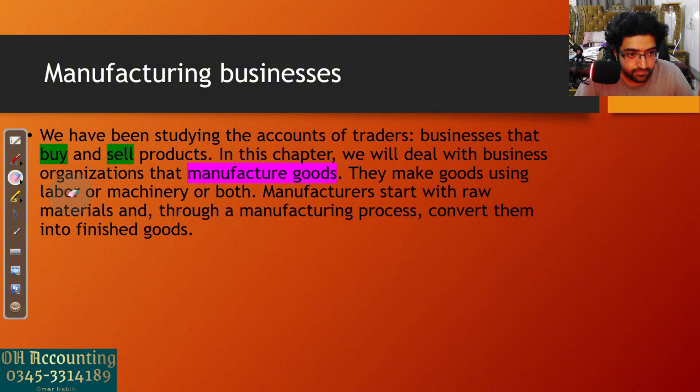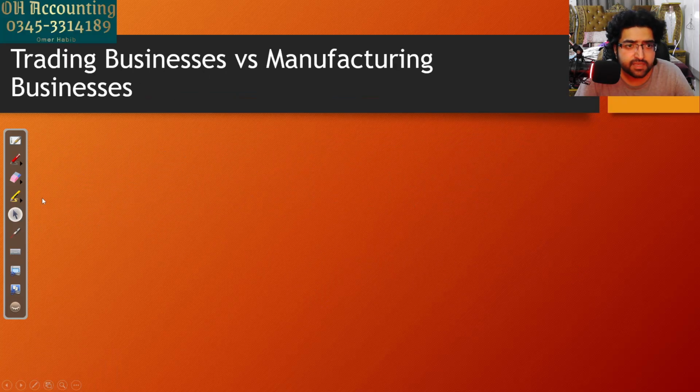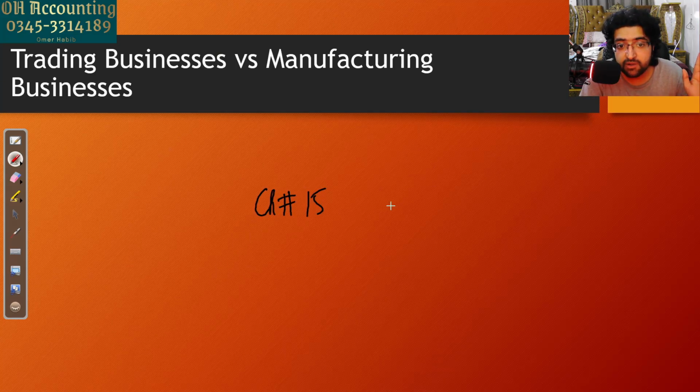Now, let's move on. I've told you about trading businesses versus manufacturing businesses in detail just now, but I want to use this time and tell you about the importance of chapter number 15 again. Chapter 15, sole trader.